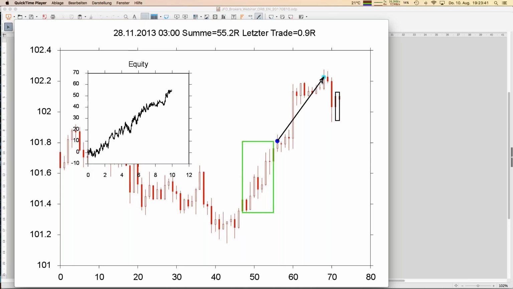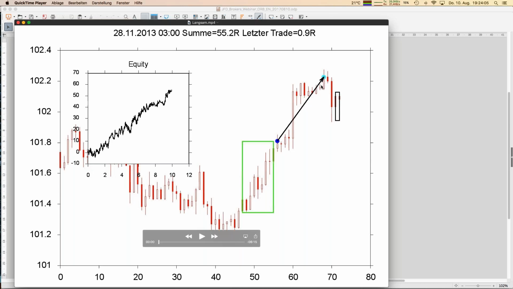Should I enter a new trade? Yes or no? And finally, what I definitely don't want to have within that strategy is weekend trades. Then there's always a risk of gaps. So therefore, I close those trades before I go to bed. In this case, the time stop has been activated. That's the name I always give it. That is the time stop.